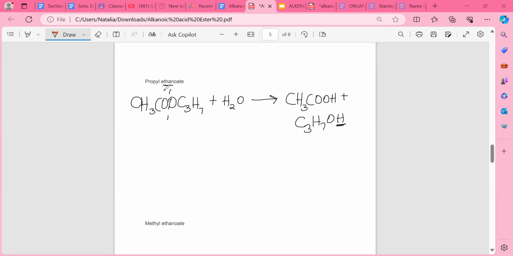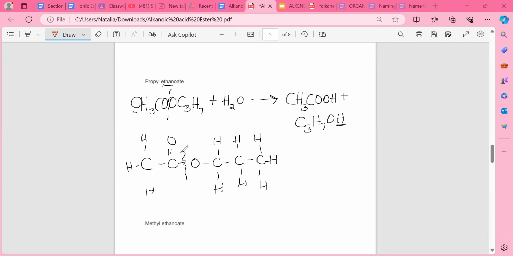When we draw it now, propyl ethanoate has 2 carbons. And we have C. Am I going too fast? No. Split the molecule right here. When I split the molecule right here, I'm left with CH3 C double bond.